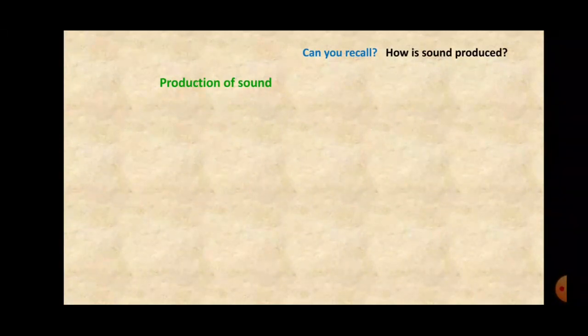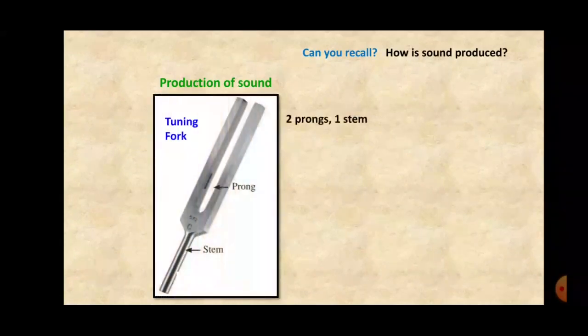So in this lesson, we are going to study in detail how sound is produced, how sound is generated. Now, to study the generation of sound, we have to know the instrument called a tuning fork. You can see the picture of the tuning fork on the screen.